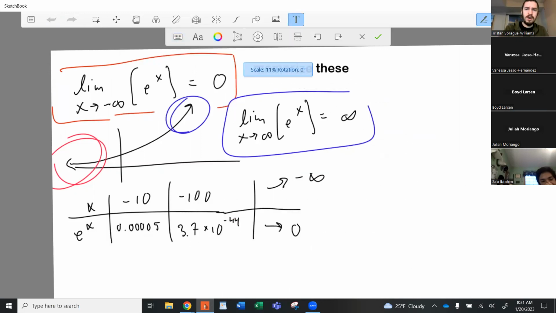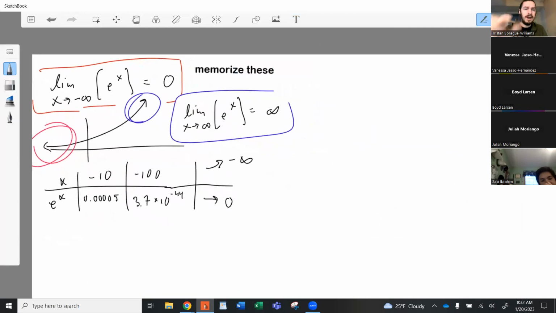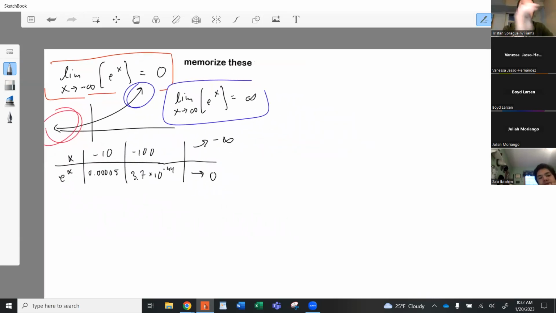And similarly for logarithms. So that's for exponential functions, and for logarithms, we'll do those as well. So the other ones you should memorize are this guy we went over earlier.